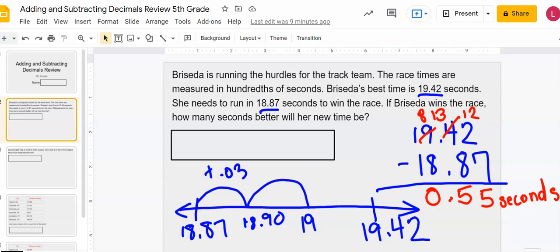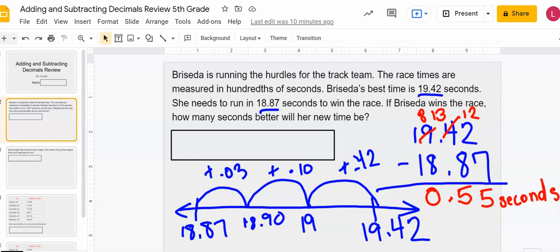So now what would it be to 19? There I'm adding a tenth. Oh, and then 19 to 19 and 42 hundredths. I'm adding 42 hundredths, 52 hundredths, and then 3 more hundredths would be 55 hundredths.